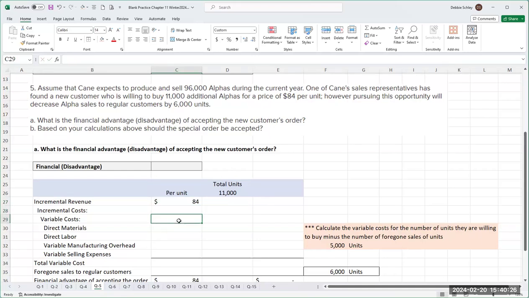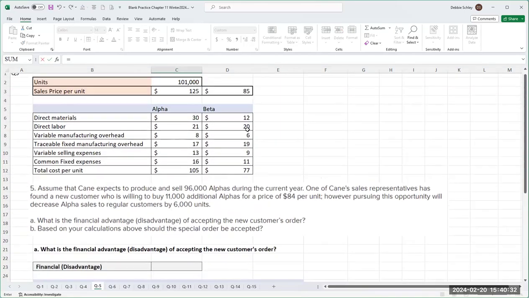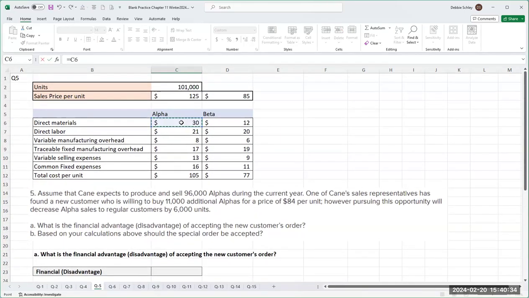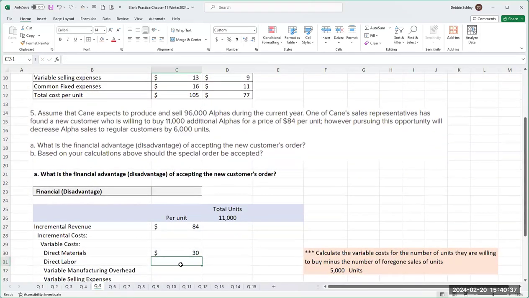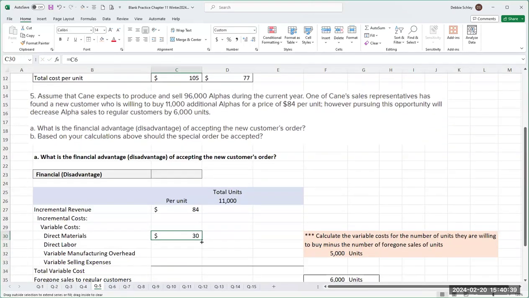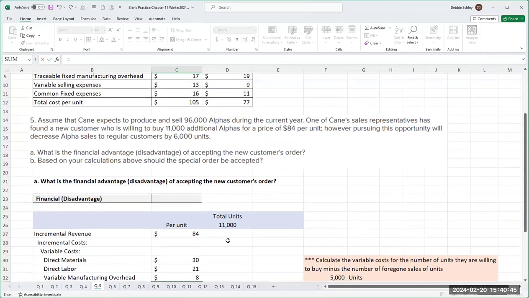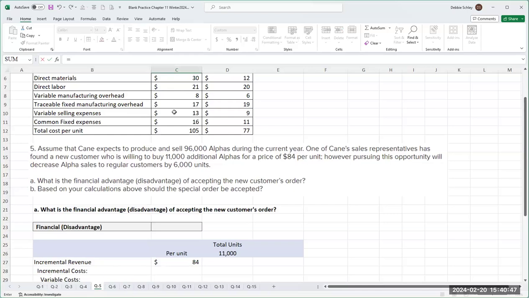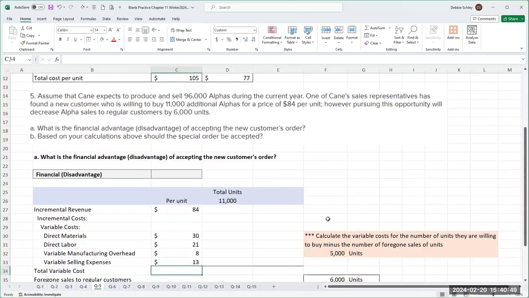And my variable costs are, let's see, I'm doing alphas again. So I'm getting my variable cost for my alpha: direct materials, direct labor, variable manufacturing overhead, and variable selling expense from alpha. Okay, equals sum.